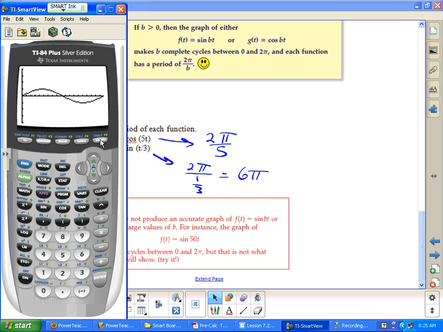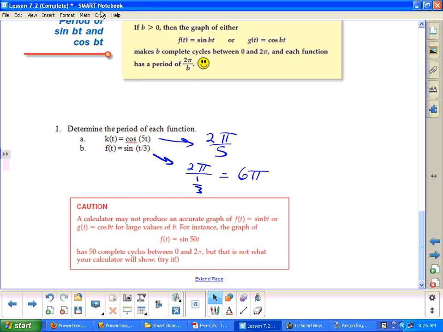Is that a stretch or compression? Stretch. If the number is larger than 1, it's a compression. So this means I would be compressing it by 1/5, which means each cycle is 2 pi over 5. And t over 3 means I'm stretching it out. The reciprocal of 1/3 is 3, so I'm stretching it out 3 times longer, which means I have to multiply 3 times 2 pi to find the period.